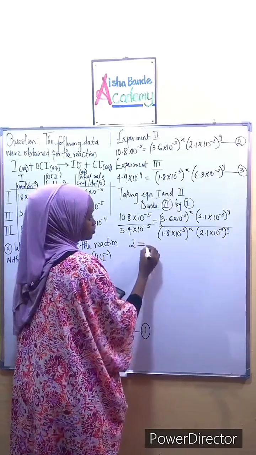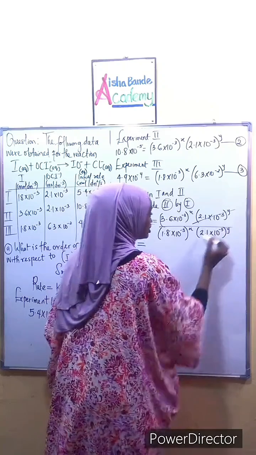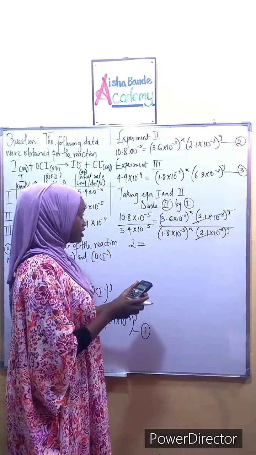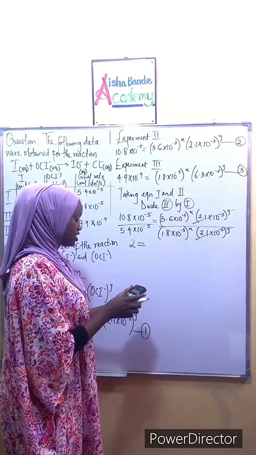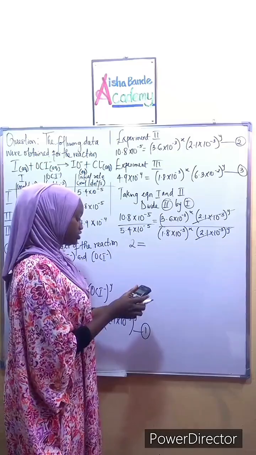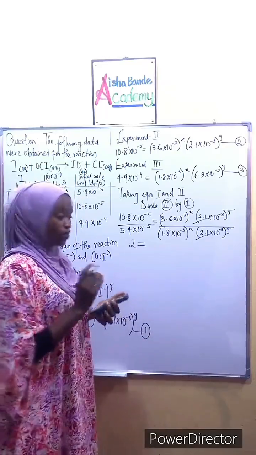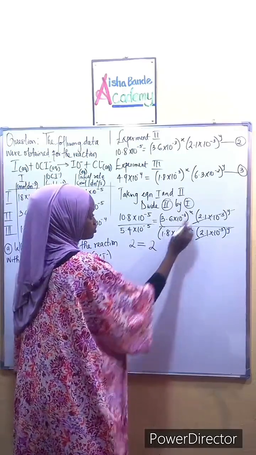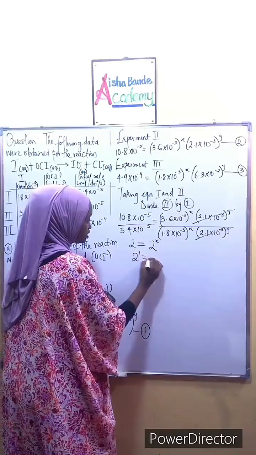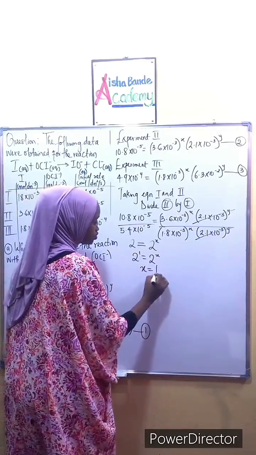As you can see, the numerator and denominator of the Y terms are the same, so this cancels out and we are left with 3.6 times 10 to the power of minus 3 divided by 1.8 times 10 to the power of minus 3. Please, we have to be careful when using our calculator so we punch correctly. So here we have a value of 2 raised to the power of X. And we know from indices, this is the same as saying 2 raised to the power 1 is equal to 2 raised to the power X. So the bases are equal, so this is the same thing as saying X is equal to 1.